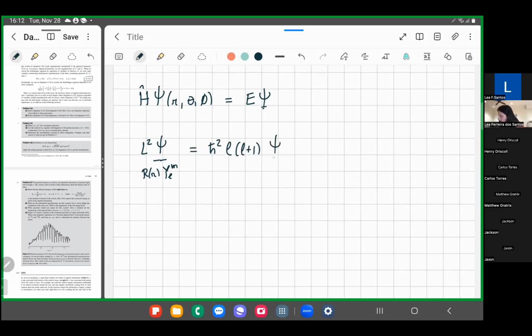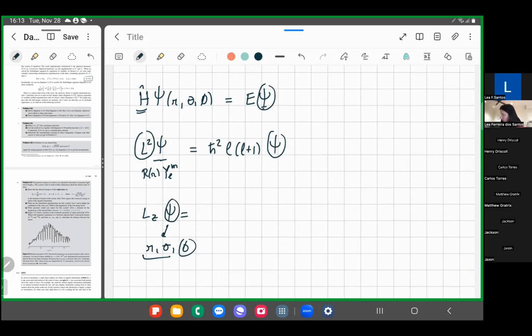So this eigenfunction of the Hamiltonian is also an eigenfunction of the total angular momentum. And if I play with Lz, I will see that it's also an eigenfunction, because the Lz only cares about the part that depends on phi. The rest is just constants for it.